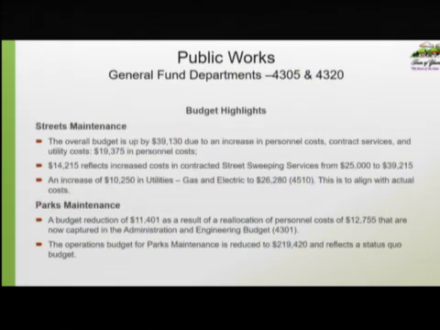Streets maintenance. Budget highlights for this division. Overall, the budget is up by $39,000. This is really driven almost entirely by two items. The first is contract sweeping services going up by about $14,000. It's required as a part of our stormwater permit to keep the streets clean.